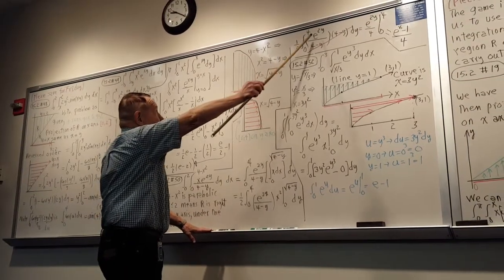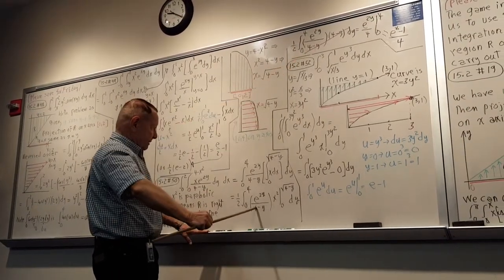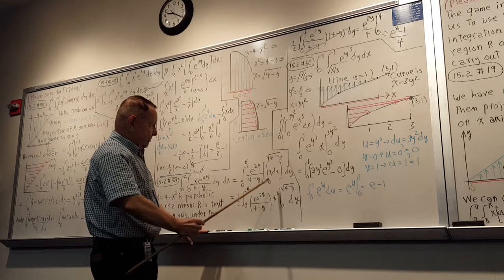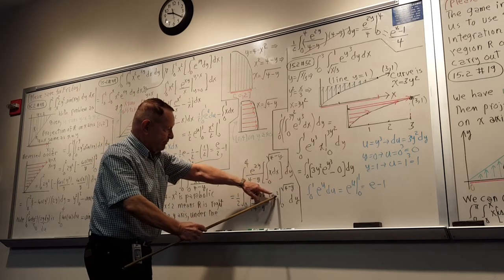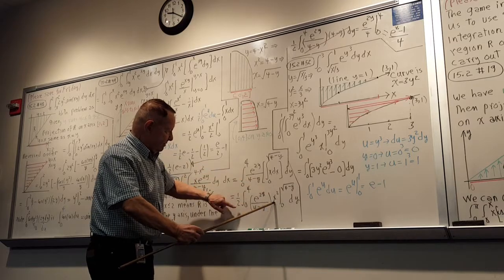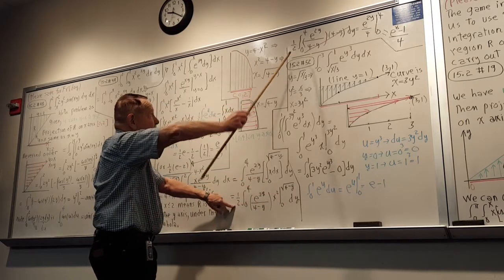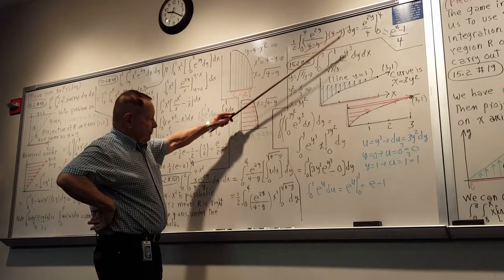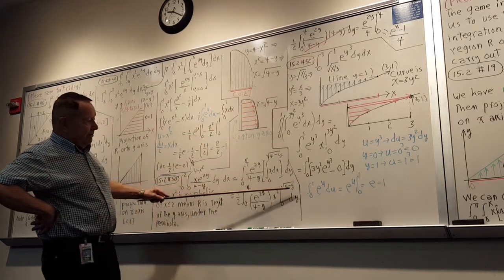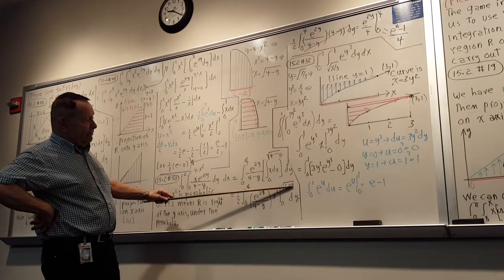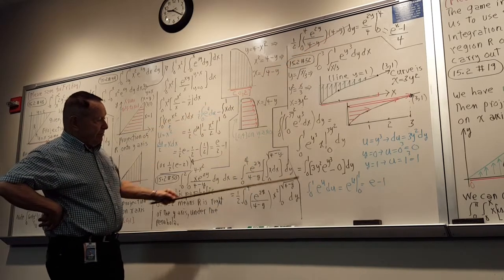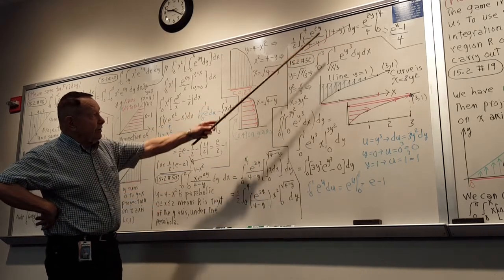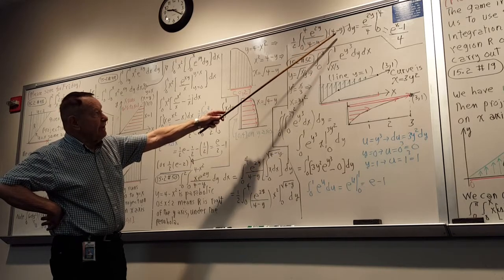You have the e to the 2y over 4 minus y that you separated. The half came from integrating the x, which gave you x squared over 2, and I put the 2 out in front. And then I've replaced my x squared with the square root squared, so with 4 minus y at the upper limit, and it's 0 at the lower limit, so I don't have to look at it.